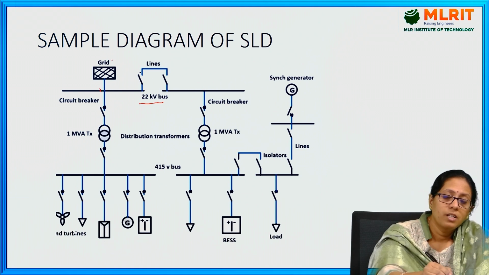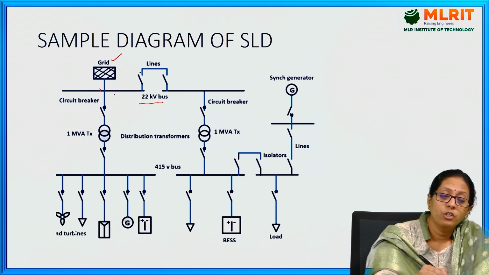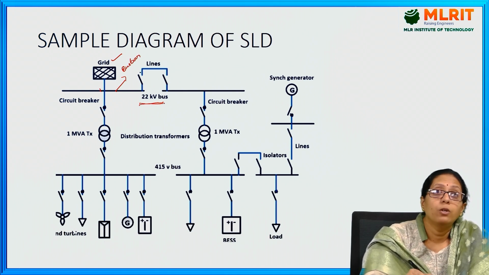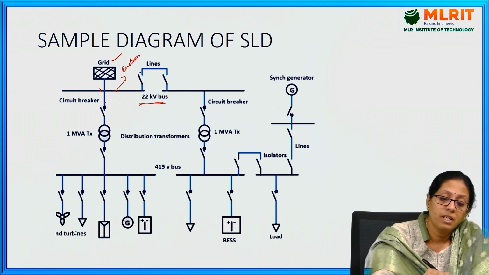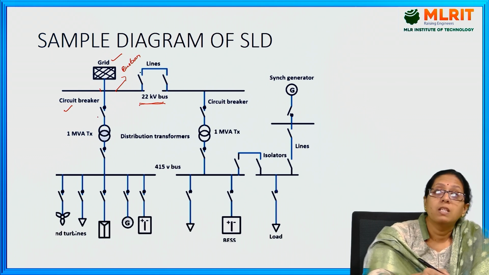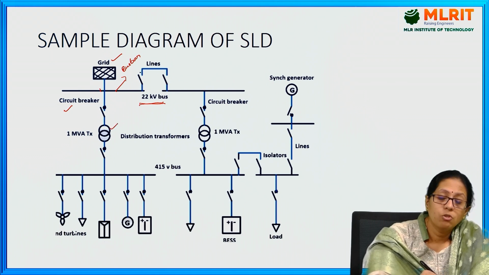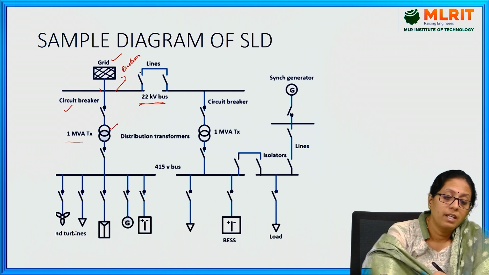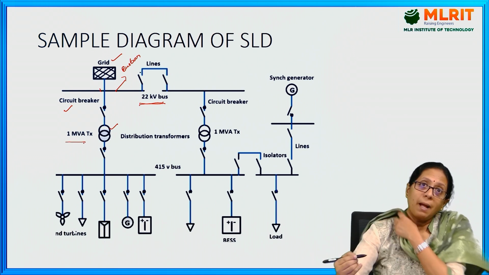So from the grid you are taking the voltage and connecting it to the bus bar, and the bus bar voltage is 22 kilovolts, which is connected to a circuit breaker here. Via that circuit breaker, the bus bar is connected to the distribution transformer with a rating of 1 megavolt ampere.